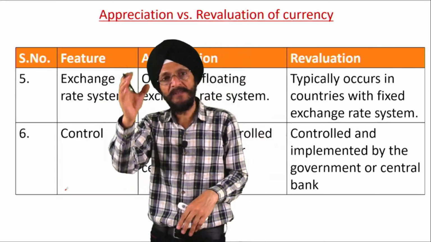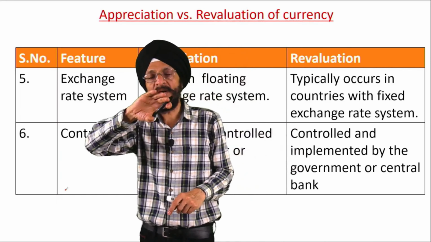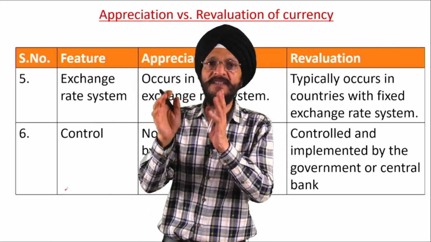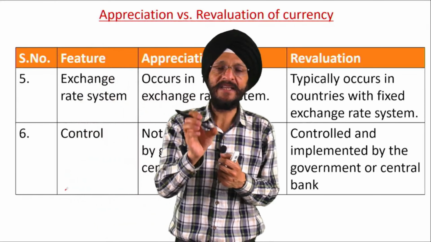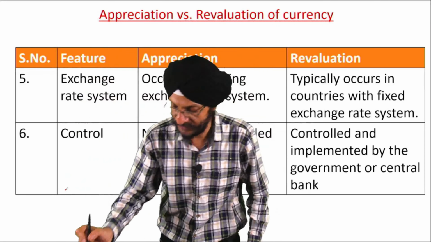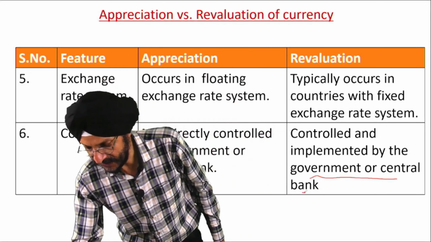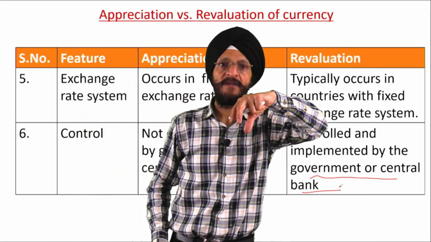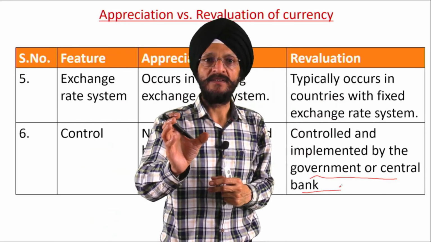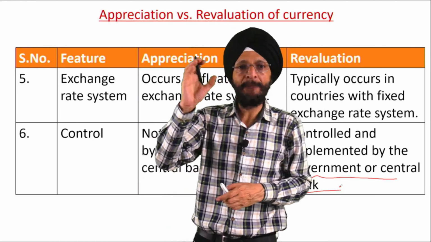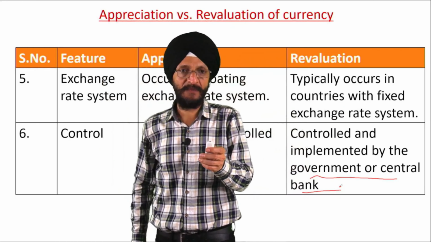It is decided by the market forces of demand and supply. But in the case of revaluation, it is controlled and implemented by the government or central bank. That is, the central bank or the government makes an announcement that this will be the revaluation of the currency. So it is controlled and implemented by the government and central bank.